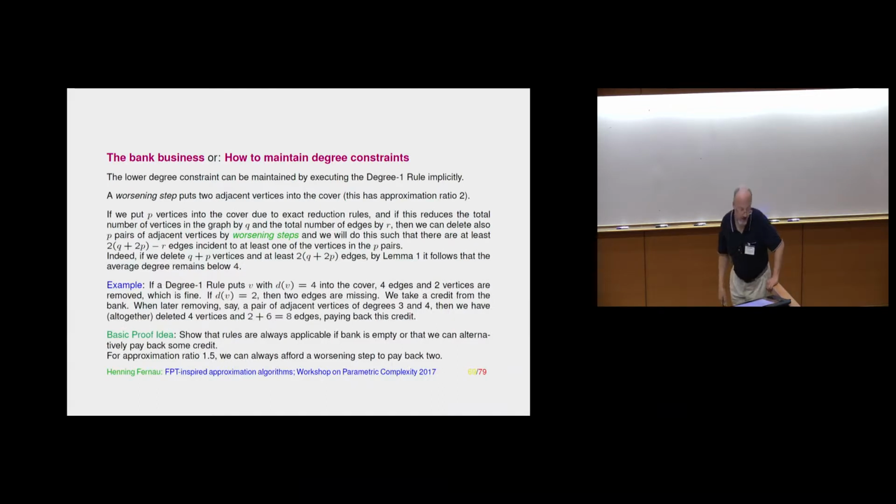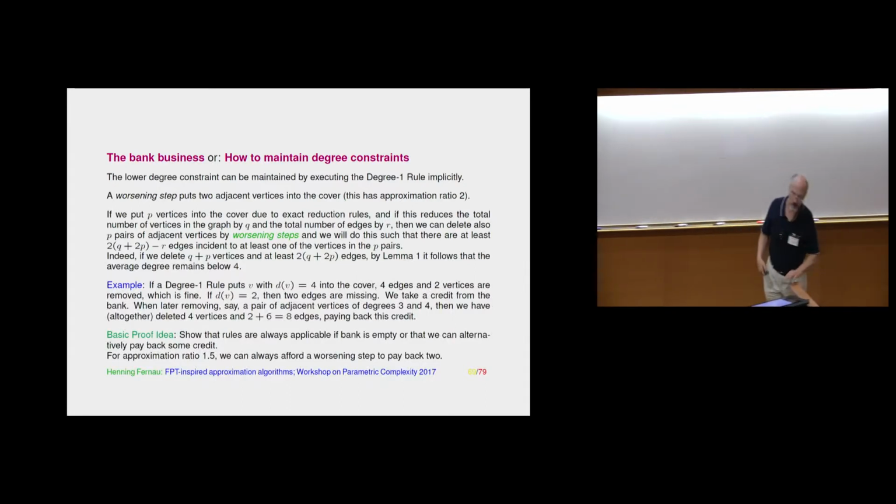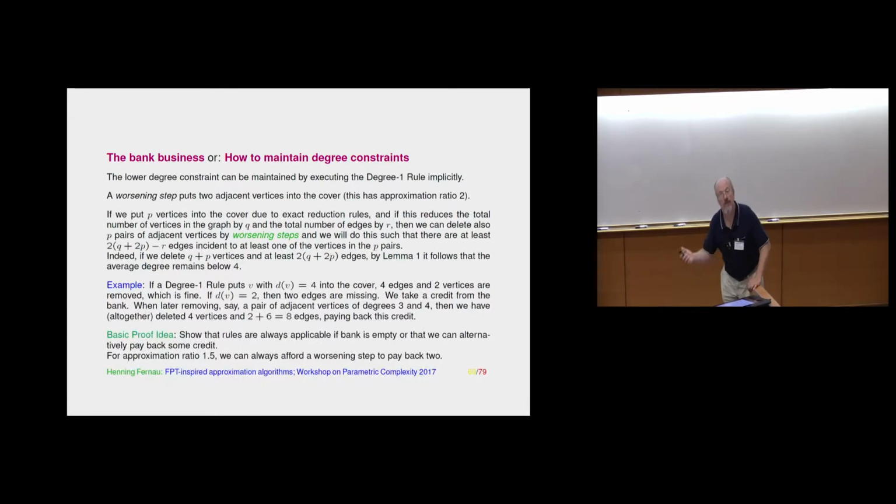Namely, I could pick p pairs of adjacent vertices, or p edges, in such a way, and that's of course what we have to show, that this is possible unless we run out of applying reduction rules, such that we can remove this many edges.